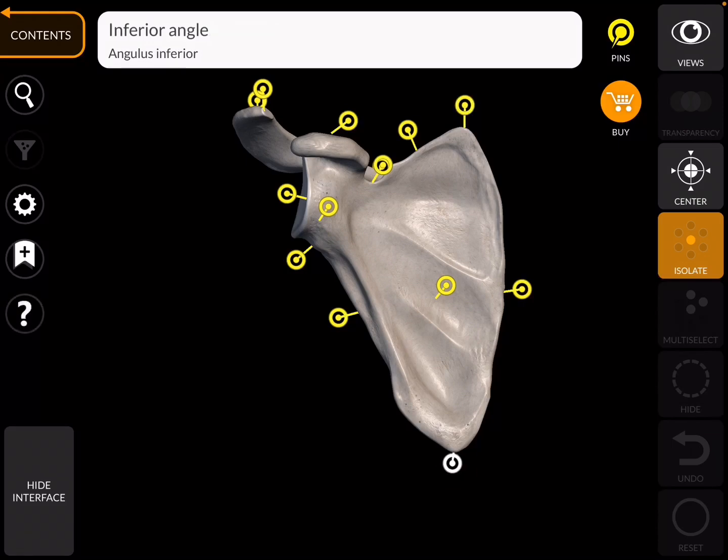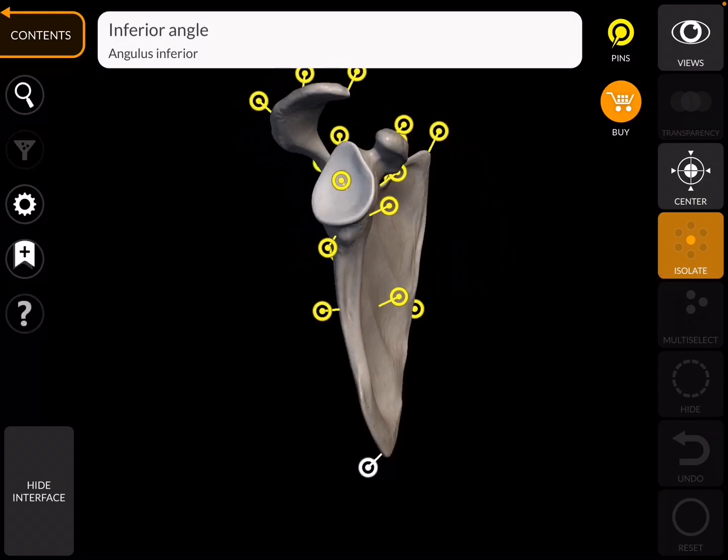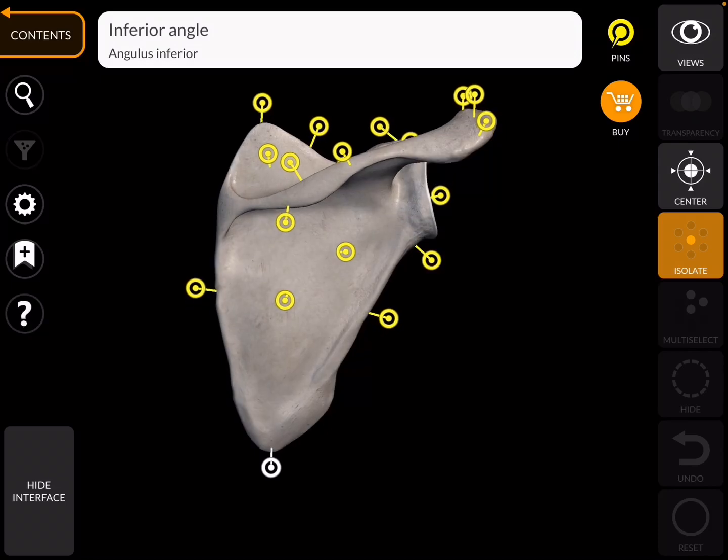It also has two surfaces. It has a convex posterior surface that is divided by the spine of the scapula.